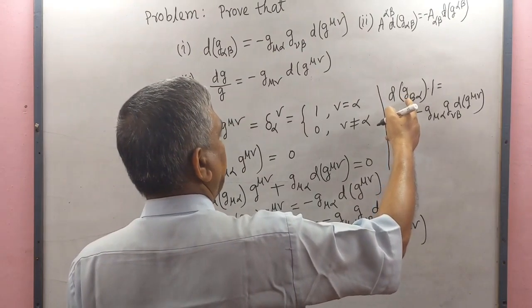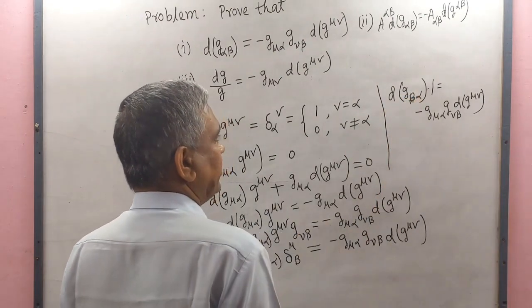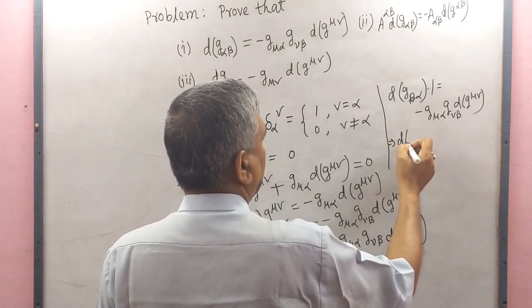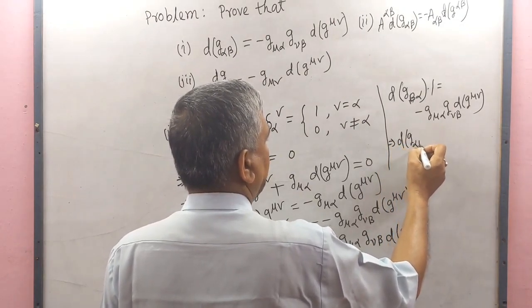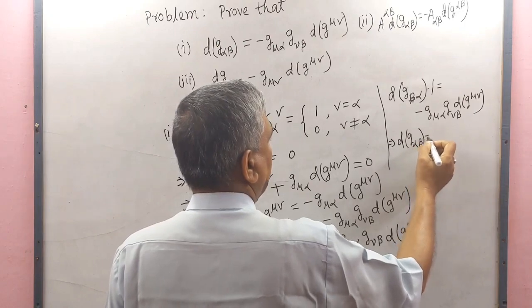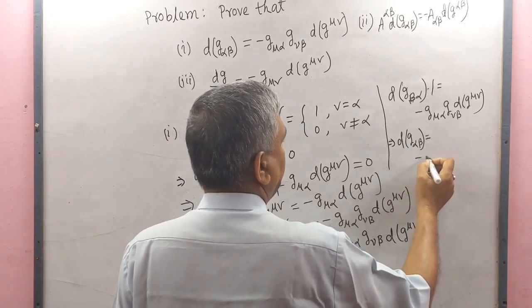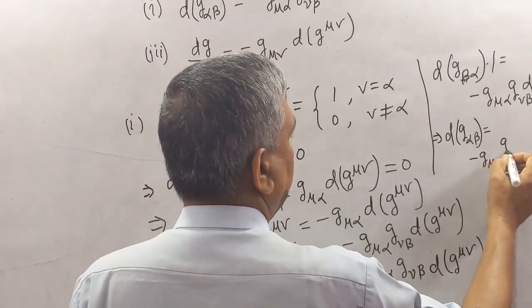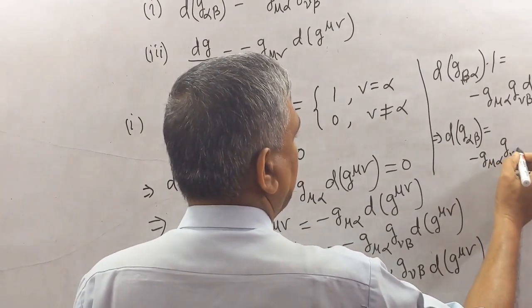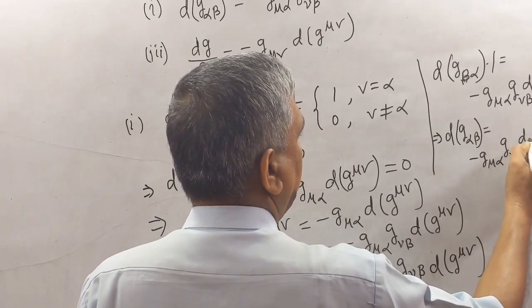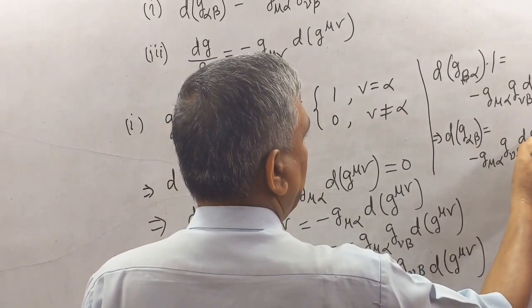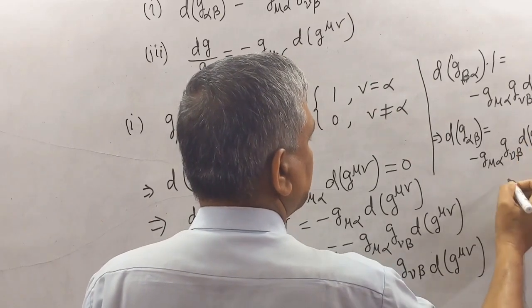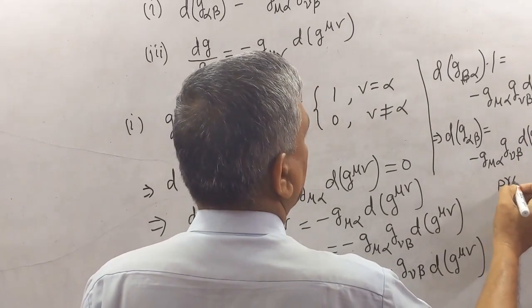As g beta alpha is symmetric, so we may write d G alpha beta equal to minus G mu alpha G nu beta d G mu nu. Proved.